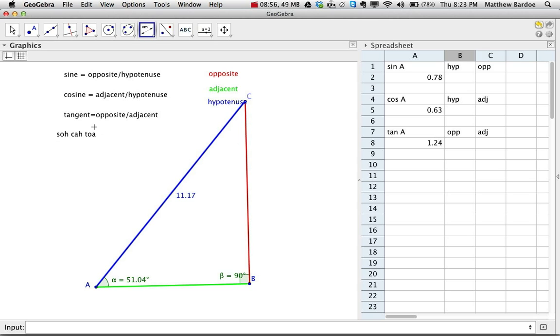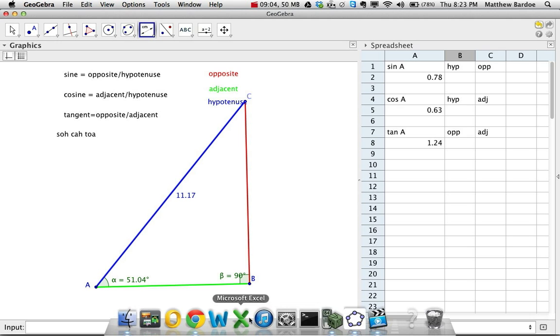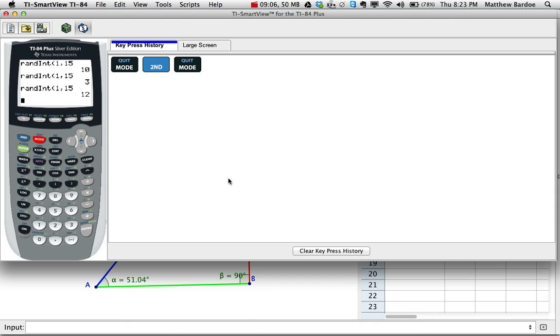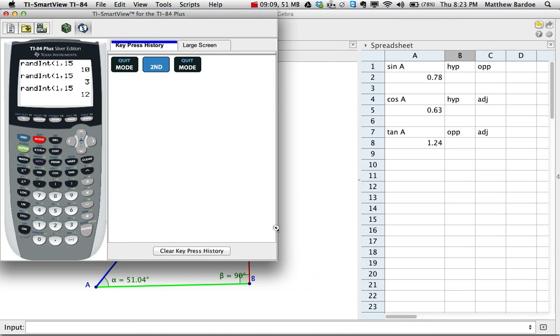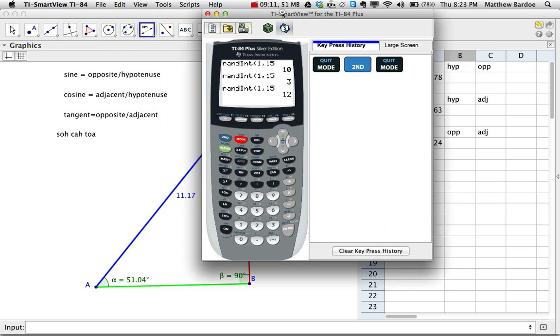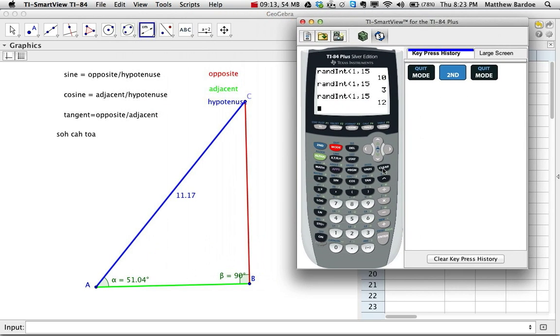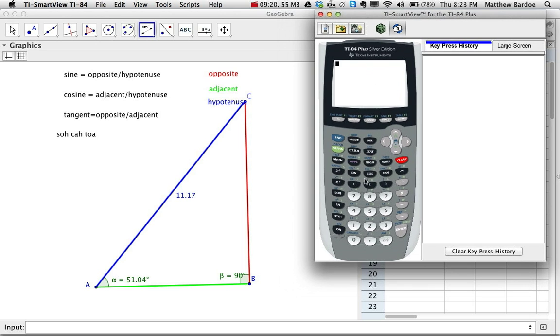Well, think about it a minute. I can look at sohcahtoa. Opposite and hypotenuse are part of sine, so I'm going to use sine. So I'd go to my calculator and figure out what sine of 51.04 degrees is. It's that number there.